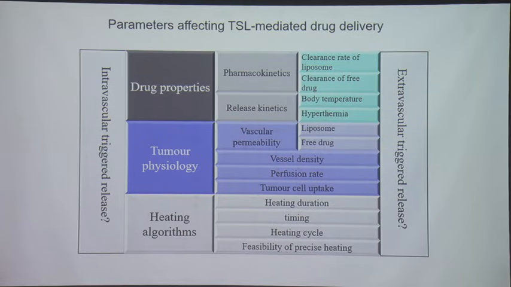So you might want to use a volume average approach. So somehow you need to estimate the vessel density distribution within a tumor. And the blood perfusion rate, obviously that's going to influence the transport and then the tumor cell uptake.